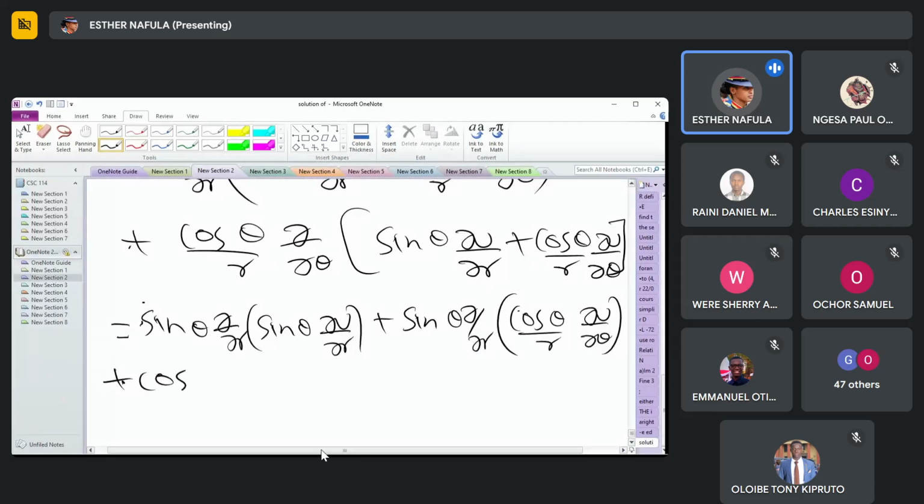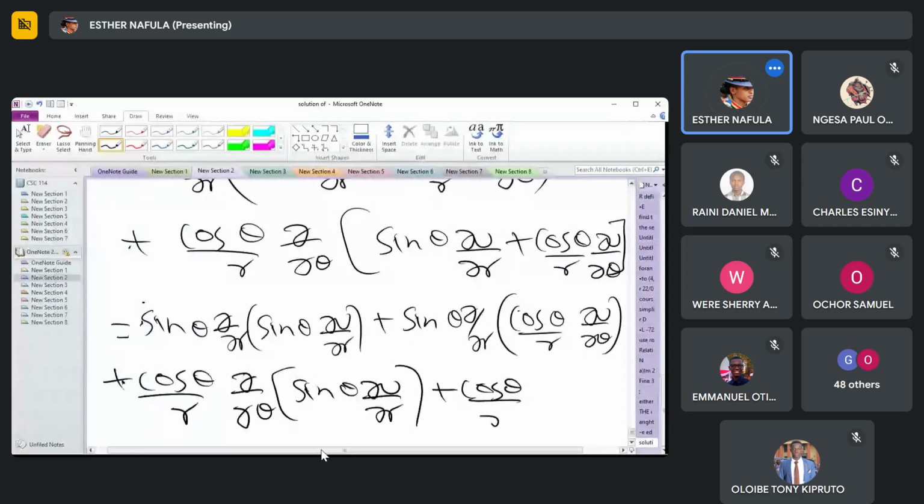Plus cos theta over r partial theta of sin theta partial u partial r plus cos theta over r partial theta of cos theta over r partial u partial theta.